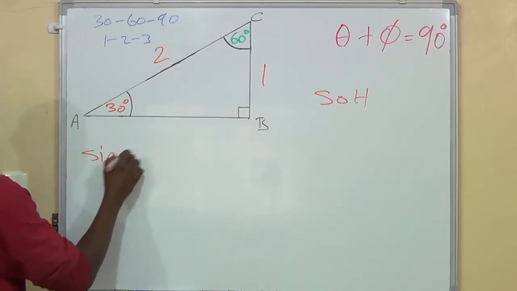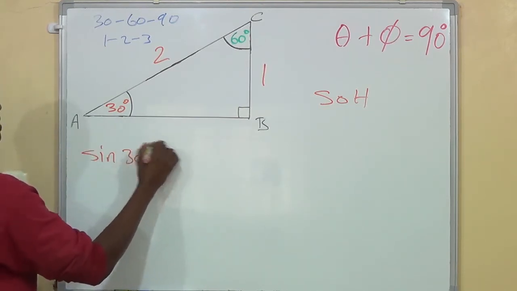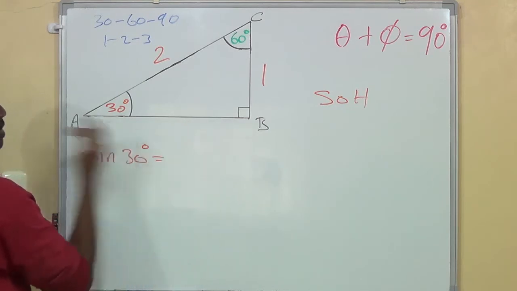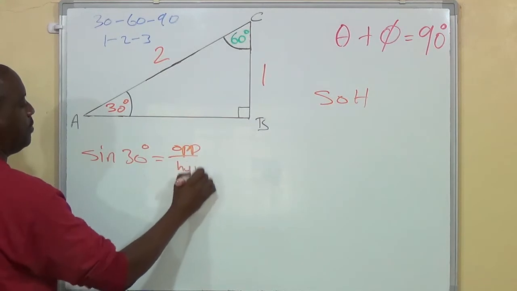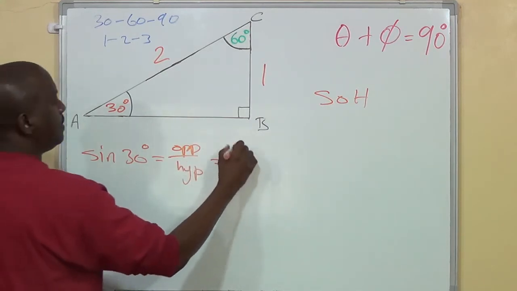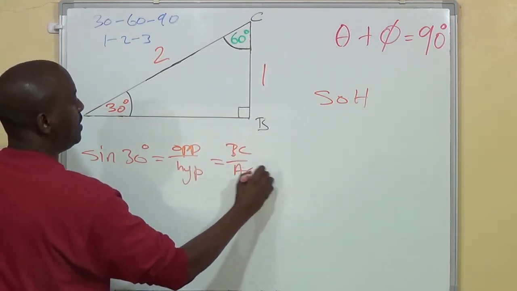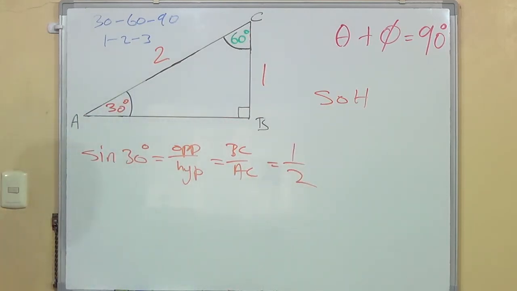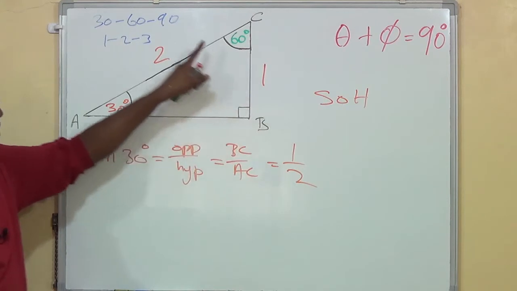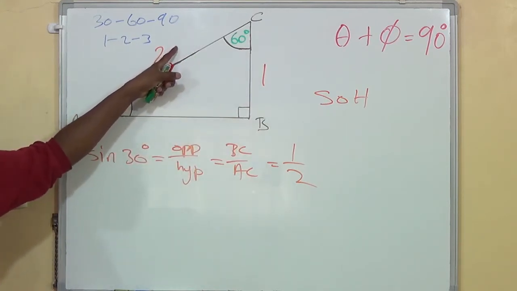The sine of 30 degrees is equal to opposite over hypotenuse, which is equal to BC over AC, which is equal to a half. It means then that if this side is 1, then this side must be 2. That is what the ratio means.